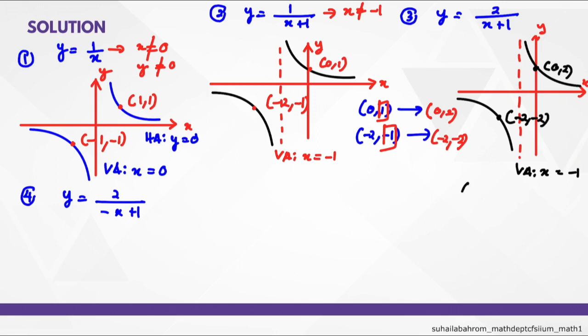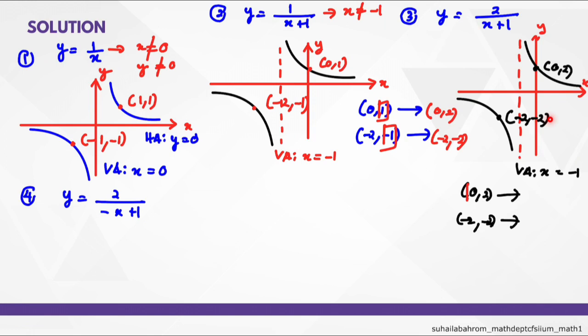From the previous coordinates, let me put the first coordinate, 0, 2. Since you will reflect on the y-axis, the change is in the x coordinate. So for 0, 2, of course there is no change because it is exactly on our y-axis. Then we have here the coordinate -2, -2.